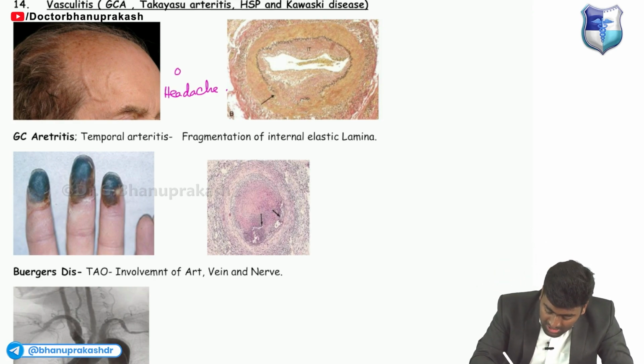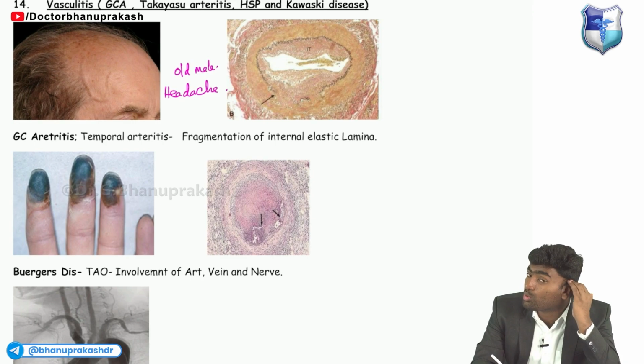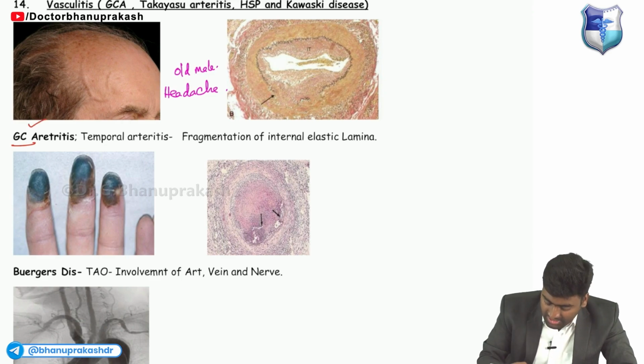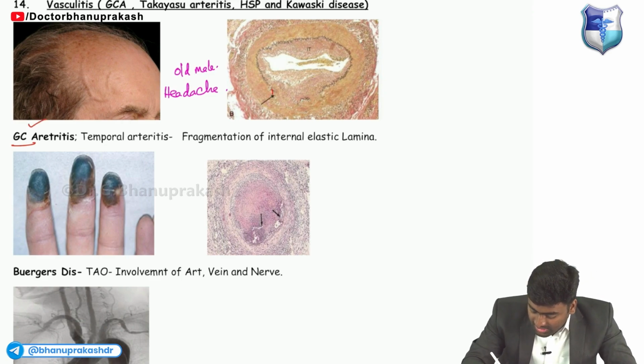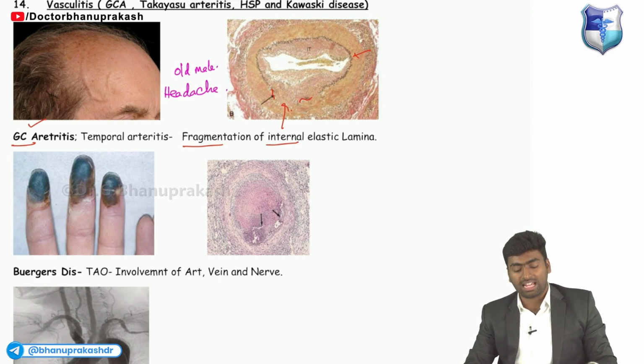So an old age male presenting with pain on his temporal aspect and thickening of some structure is a classical feature of giant cell arteritis. In giant cell arteritis, you will see fragmentation of the elastic lamina, especially the internal elastic lamina.